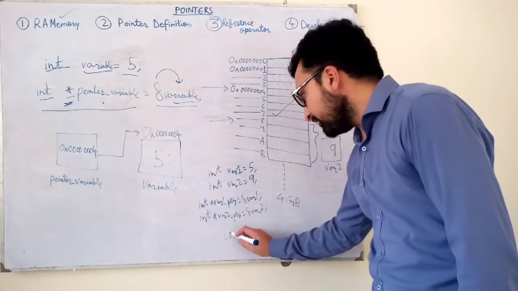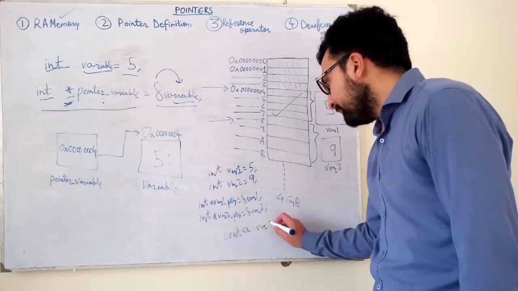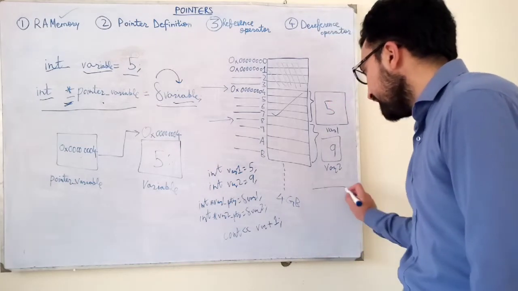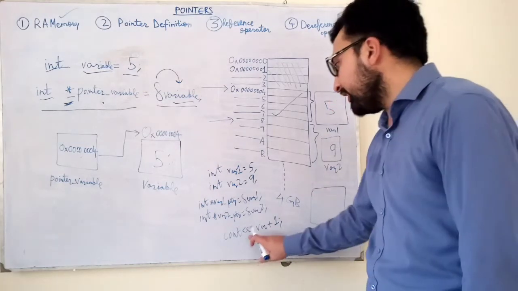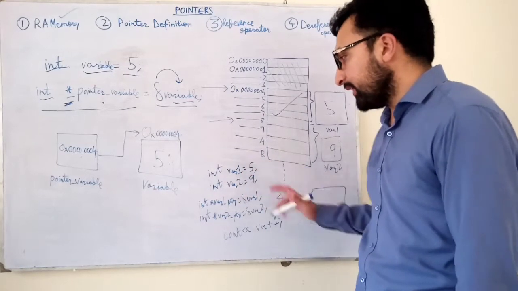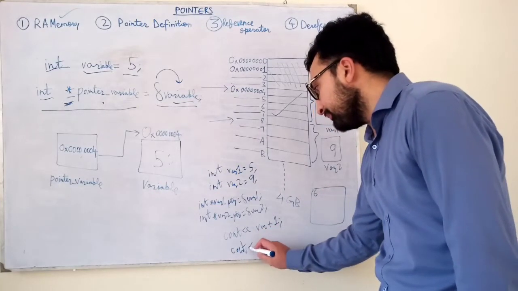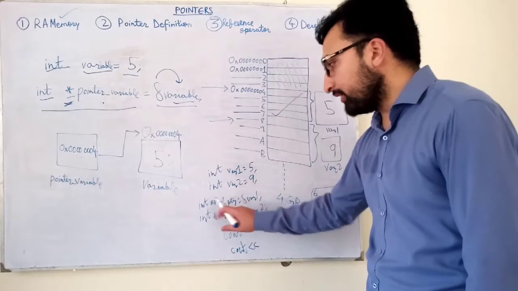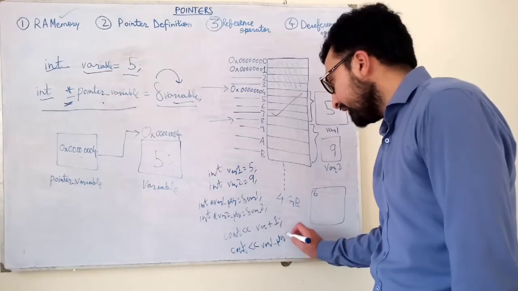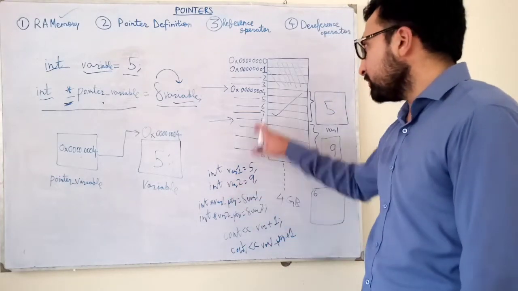Now what happens when we write cout var plus 1? What is written on the screen? When we write var plus 1, what is written on the screen is 6. However, here the difference comes in between the simple variable and the pointer variable. If we write var1_pointer plus 1, var1_pointer was pointing to this address.